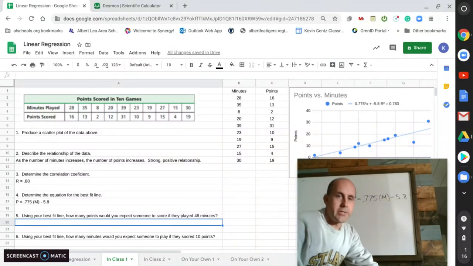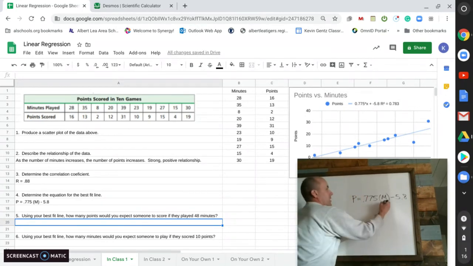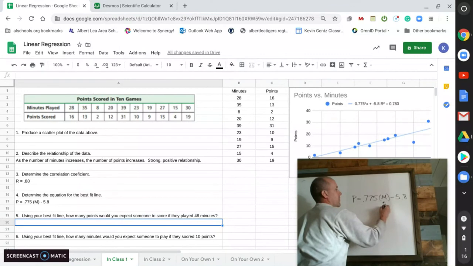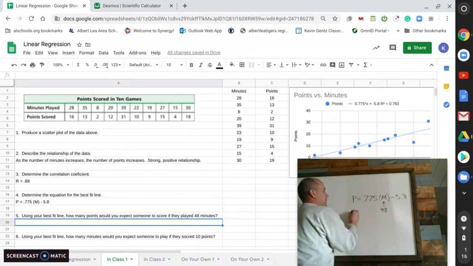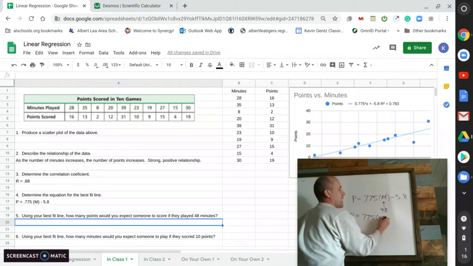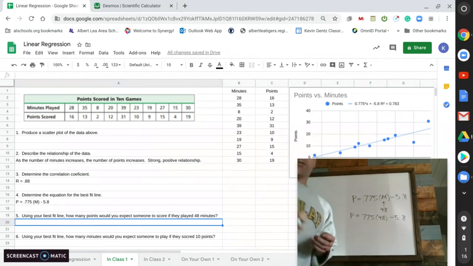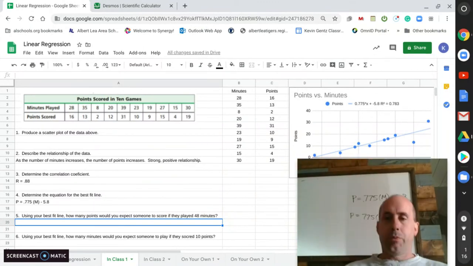And the question is, using your best fit line, how many points would you expect someone to score if they played 48 minutes? So we're going to put 48 right in there. And we get P is equal to 0.775 times 48 minus 5.8.